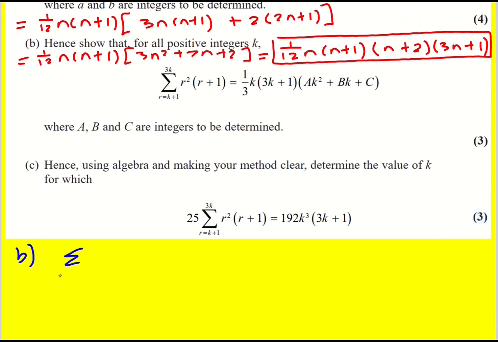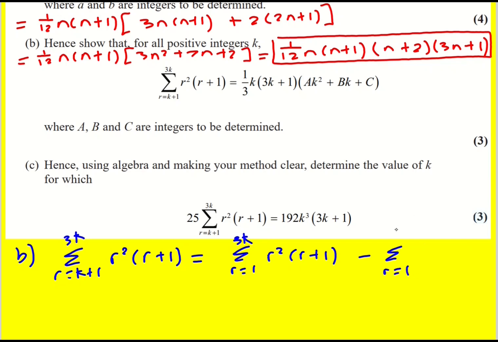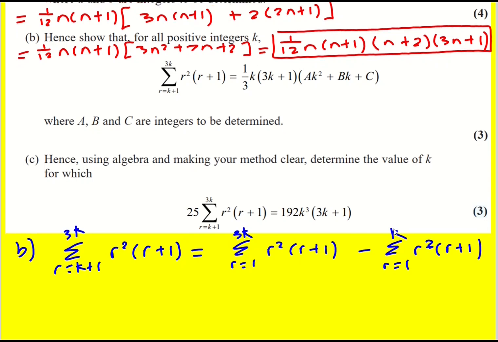So that summation is going to equal the summation from 1 to 3k minus the summation from 1 to k. So what we can do is take our answer to part A and just replace n by 3k in the first instance for the first term and k for the second one.